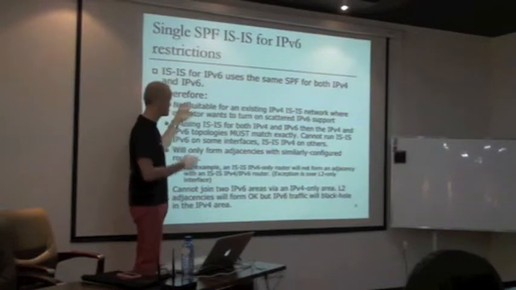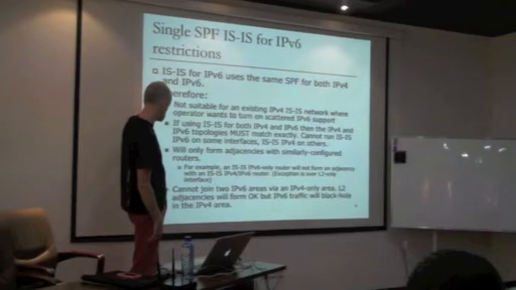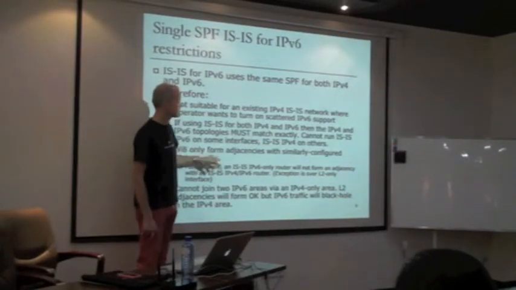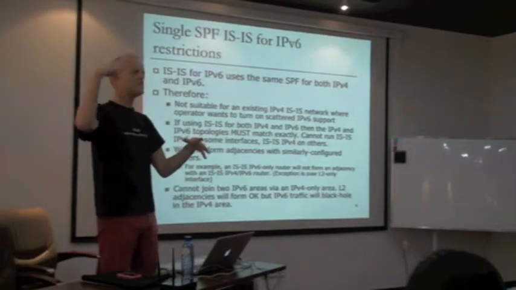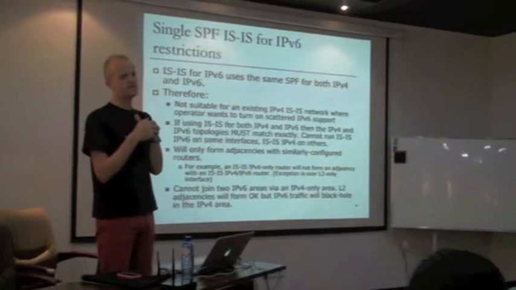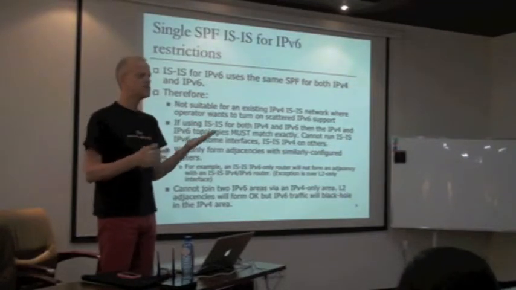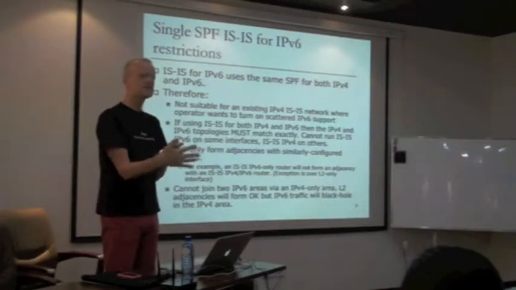That's where the multi-topology ISIS comes in. It will only form adjacencies with similarly configured routers, so if you've got V4 on one side and V4, V6 on the other side, they won't talk to each other. That's a common issue if you're trying to deploy V6 incrementally.